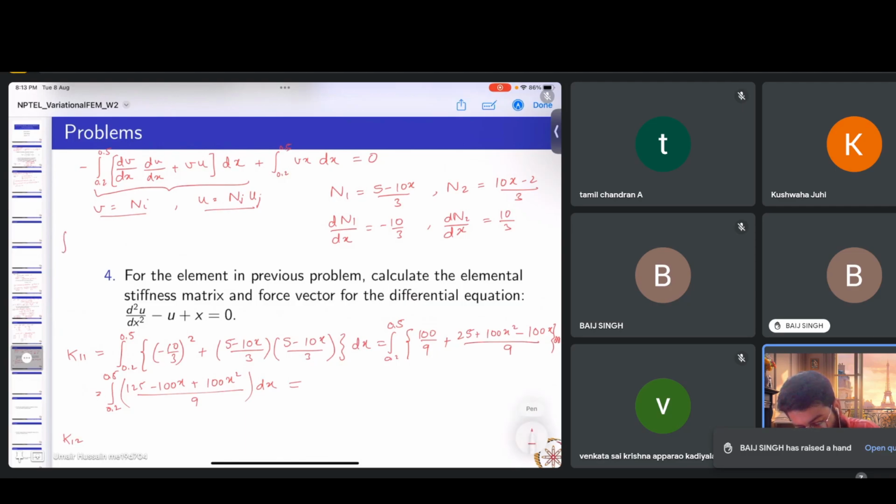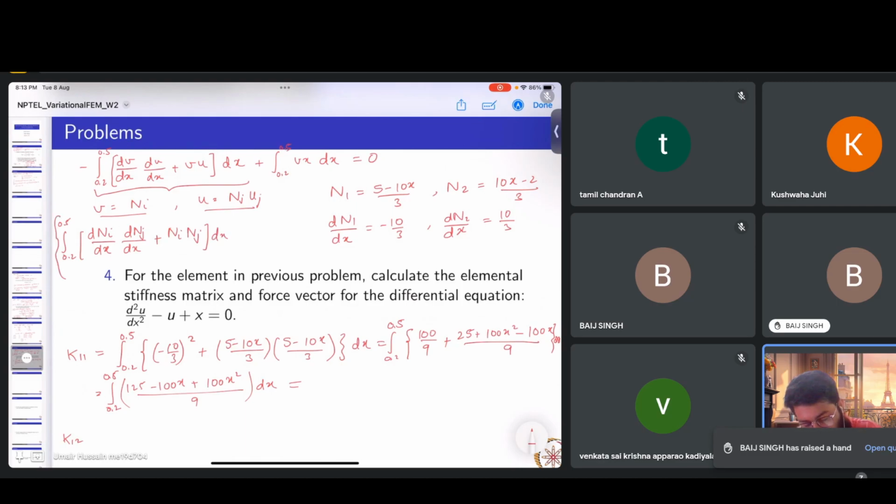We'll have 0.5 dNi by dx dNj Uj, but I can take Uj out because Uj is not a function of x, plus NiNj dx.